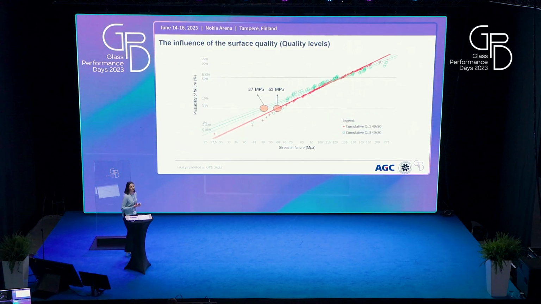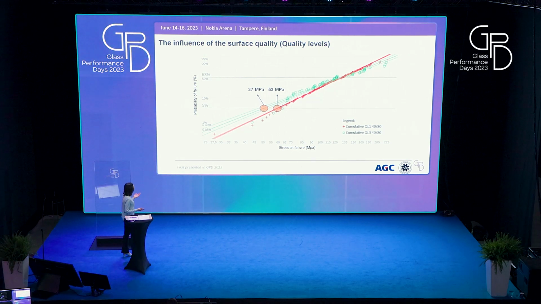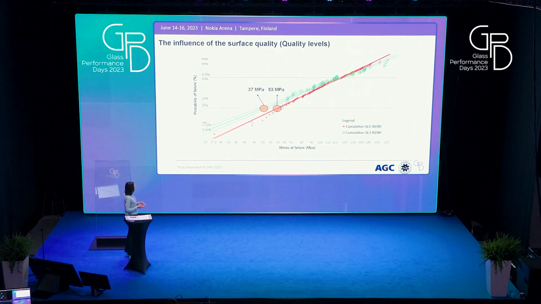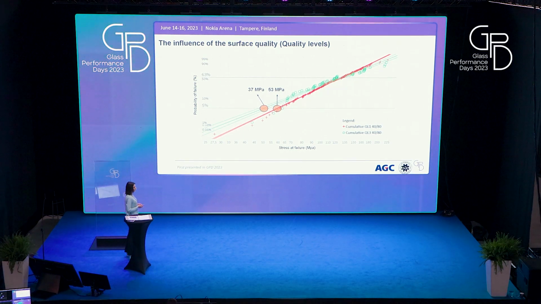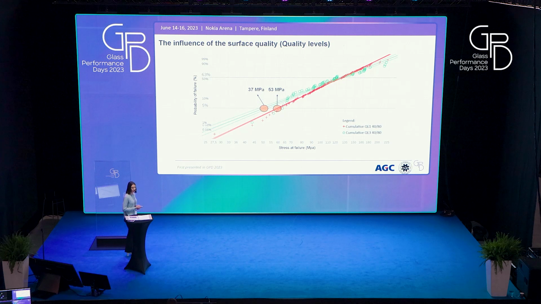So indeed, the surface quality classification shows an effect on the mechanical performance. And this can be understood also when we look at the results of the series tested with different quality levels. You can see that quality level 3 gives a characteristic bending strength of 37 megapascal, which is a decrease when we compare it to the 53 megapascal of the quality level 1 glass.